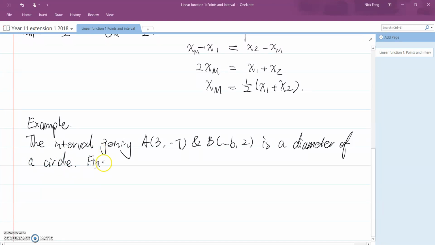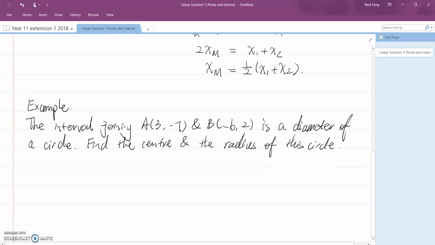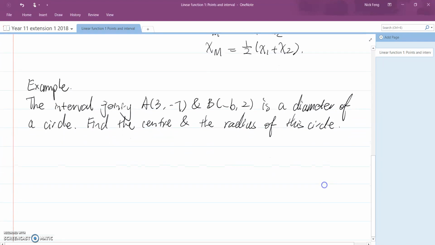Now, our job is to find the center and the radius of this circle. Now you can pause this video, copy down the questions if you like.